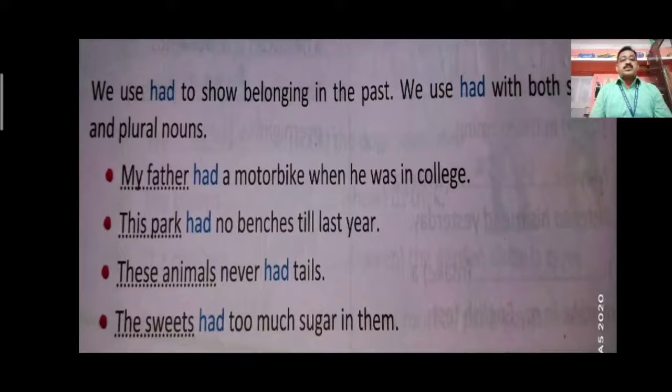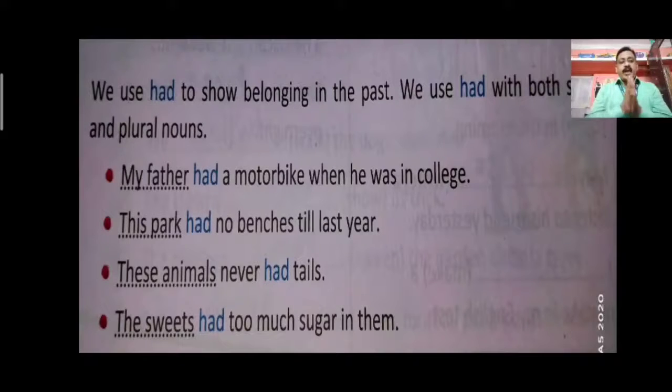This park, singular noun. These animals, plural noun. The sweets, plural noun. Everywhere we use had because we are talking about the action which had already happened in the past.